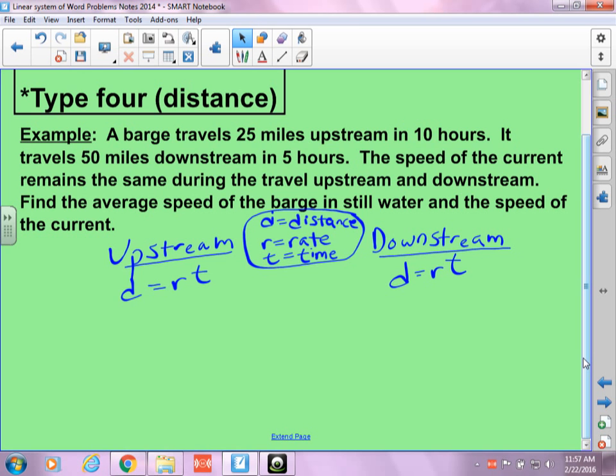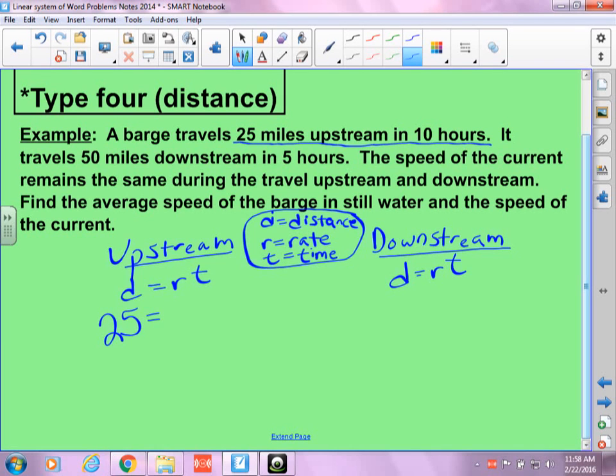All right. Now let's pick apart our problem just a bit. First of all, it says a barge travels 25 miles upstream in 10 hours. So I'm going to go to upstream, and what do I put in for what? 25 is my D, because it says distance, miles. Where does the 10 go? In the time.